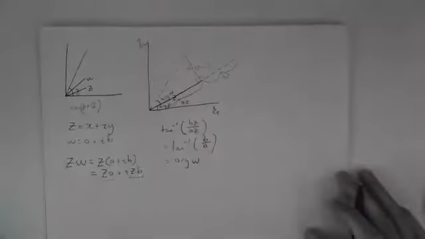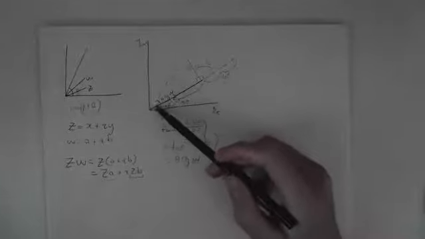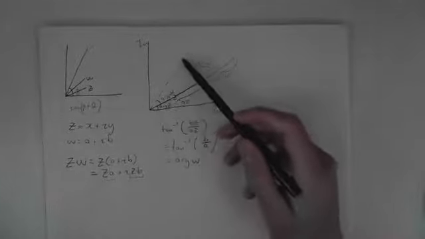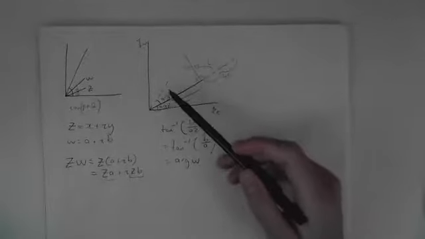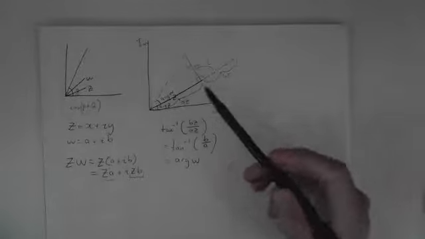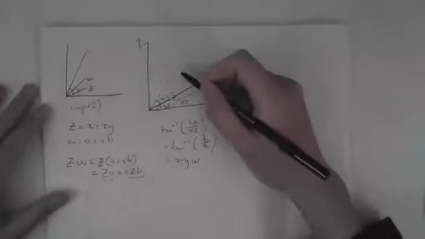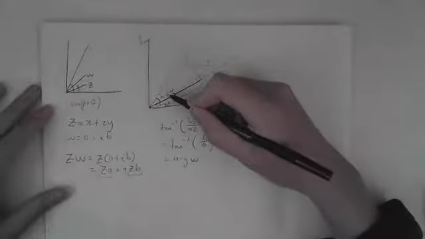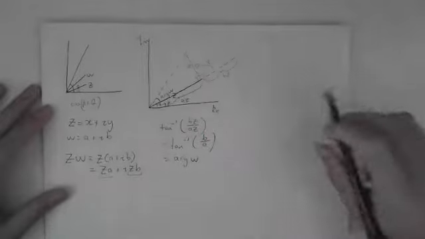And now I'm hoping that you can see already how the argument of the resultant complex number is the summation of the arguments. So this dotted line is the resultant complex number, and what we see is that we do indeed add together arg z plus arg w.